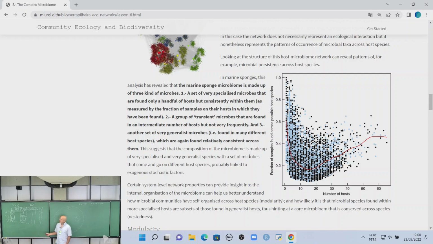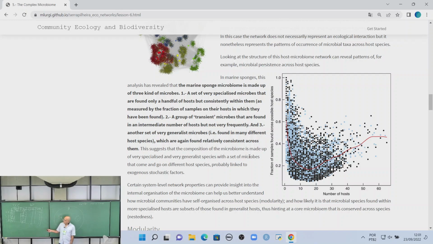Then you get a group of microbes that are found in an intermediate number of hosts. So they are kind of generalists, but they are not really found there constantly. So they are like opportunistic microbes that are sometimes there, and they can be in many places, but they are not in all these places consistently.